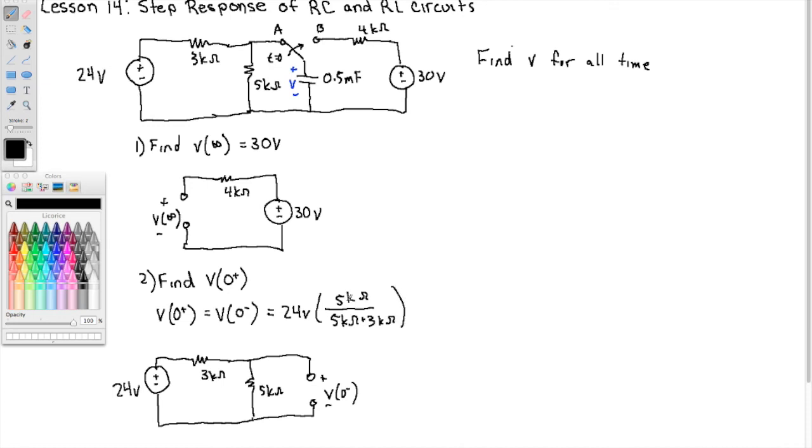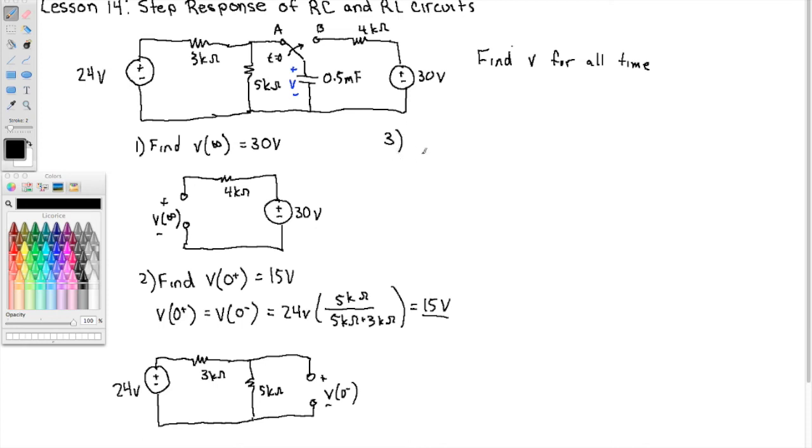So this fraction is 5/8. 5/8 times 24 is 15 volts. Right, so again, that's the voltage across the capacitor right before the switch. Then that voltage must be right after the switch as well, because the voltage across the capacitor cannot change abruptly.